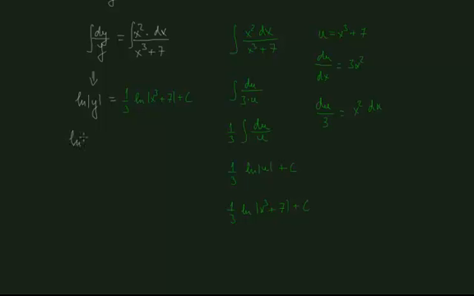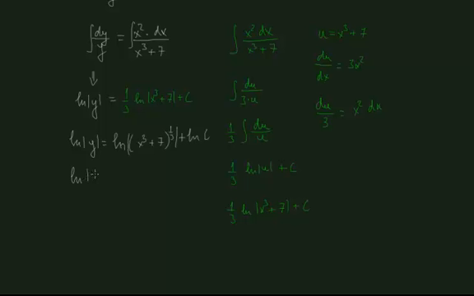The natural logarithm of y equals, according to the logarithmic rule, this could turn out to be x cubed plus 7 to the 1/3, and I can change this constant to the natural logarithm of a constant because it's still a constant, so it doesn't matter, they're still the same thing.